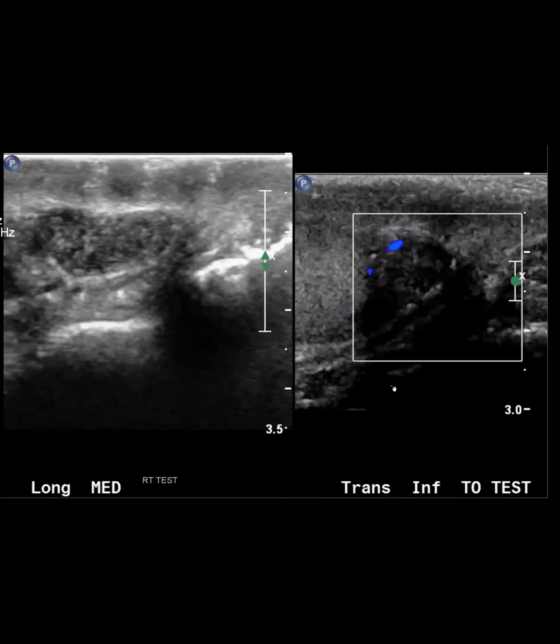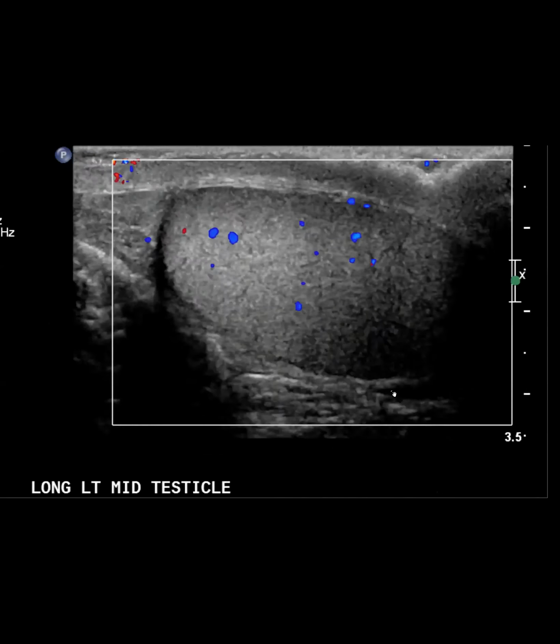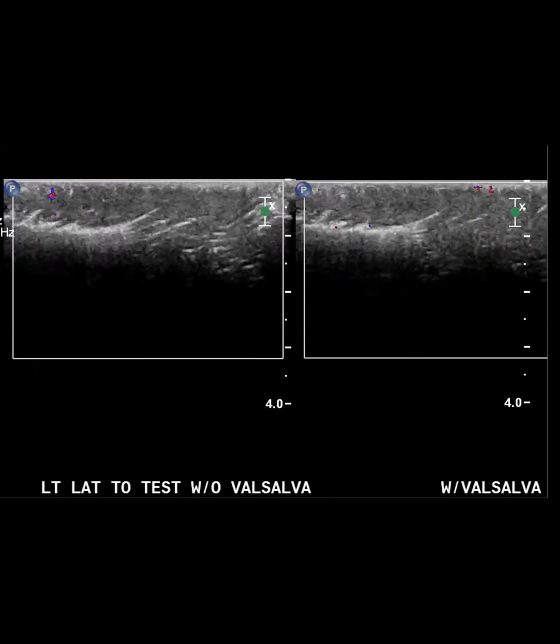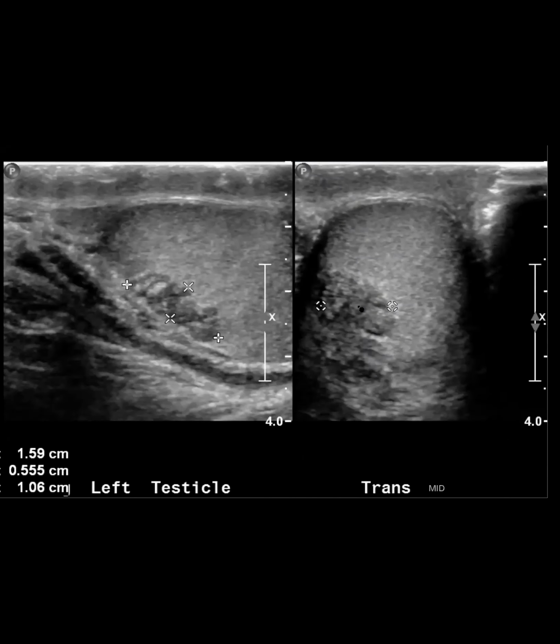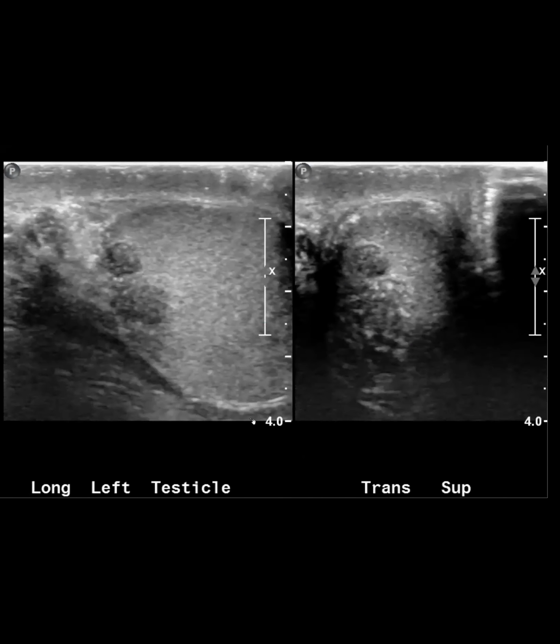Something outside of the testicle as well. And on the left side, there was a similar appearing hypoechoic lesion in the testicle. So bilateral testicular masses with some flow.